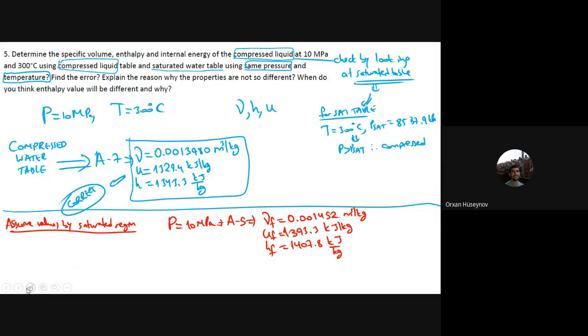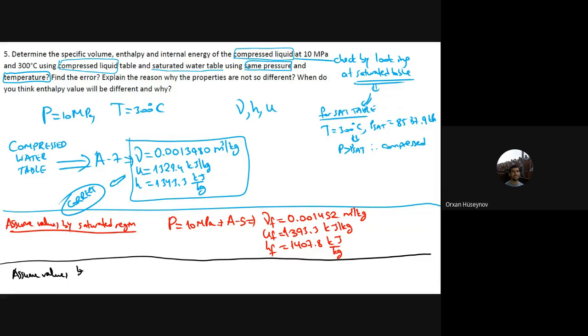Now comes the last step. In this case, I will again use the saturated region values, but instead of working with the pressure values, I will work with the temperature value, which is 300 degrees Celsius. And therefore, I will use the table A4.